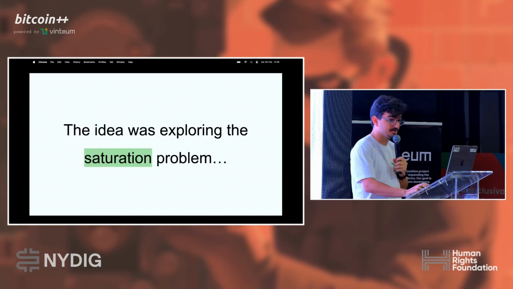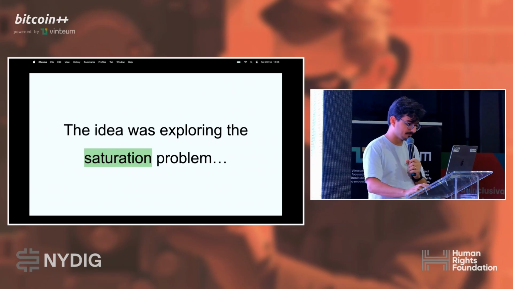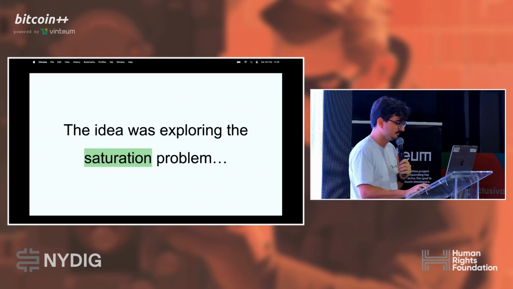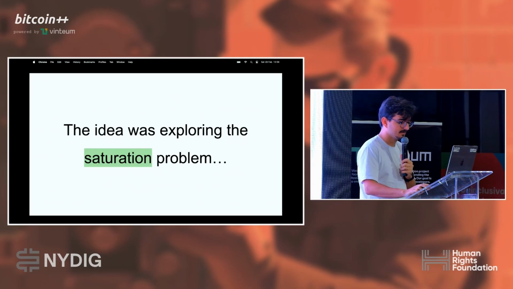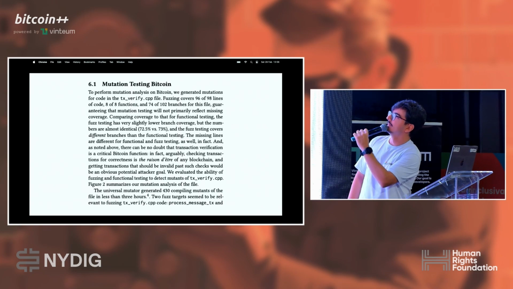They looked for lacunae in Bitcoin Core's fuzzing efforts because they wanted to investigate the saturation problem. And by reading this paper, I noticed they employed mutation testing to evaluate all of Bitcoin Core's testing efforts, especially for the tx_verify file, because it's a critical one.